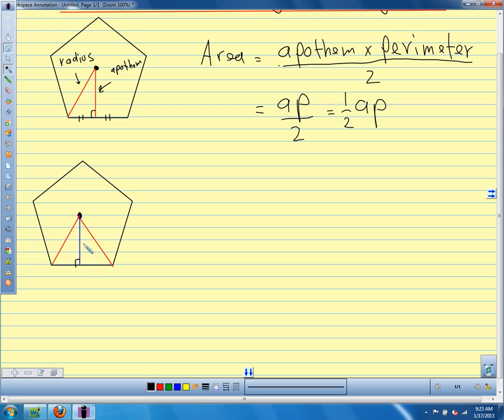So here's my apothem. I'll call my apothem A. Now for this triangle, I'll highlight the triangle in green. For that green triangle, what have we been calling this part of a triangle when we draw a segment in a triangle like that?